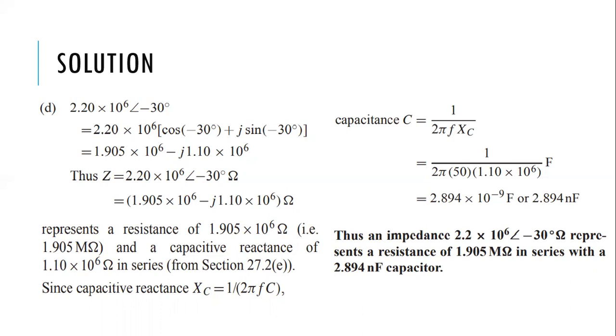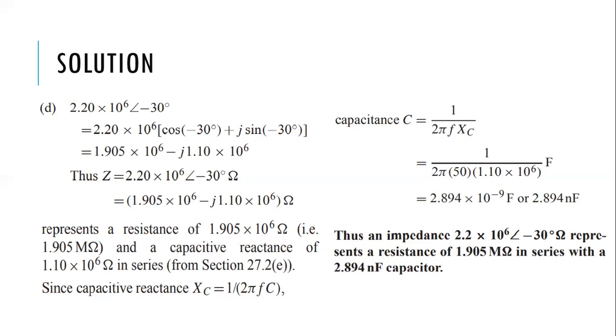This is equal to 1.905 times 10 raised to the power 6 minus j1.10 times 10 raised to the power 6 ohms. So what does that represent? It means that the resistance is 1.905 times 10 raised to the power 6 ohms, or 1.905 mega ohms.